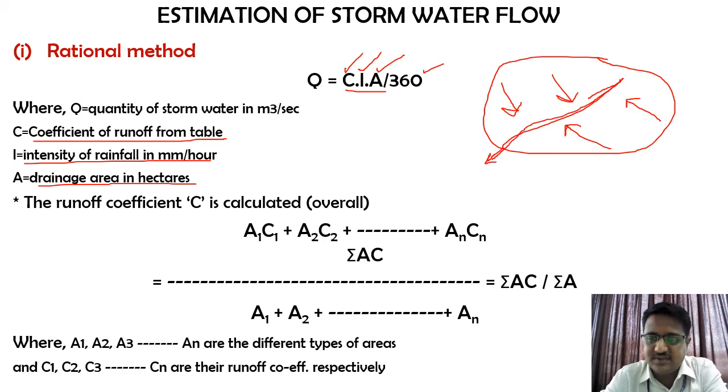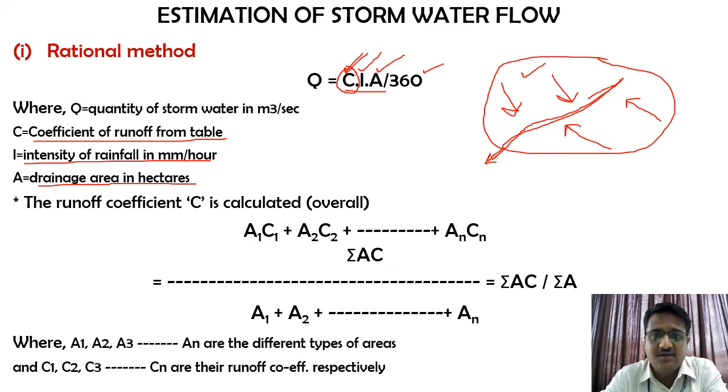With this set of conditions, C is the coefficient of discharge. It depends on the type of soil, or rather on all the factors that we considered in the previous slide: the type of soil, the slope, the infiltration rate, the intensity of rainfall, wind, humidity, temperature, compactness of the ground, so characteristics. Your C will be dependent on all those things.